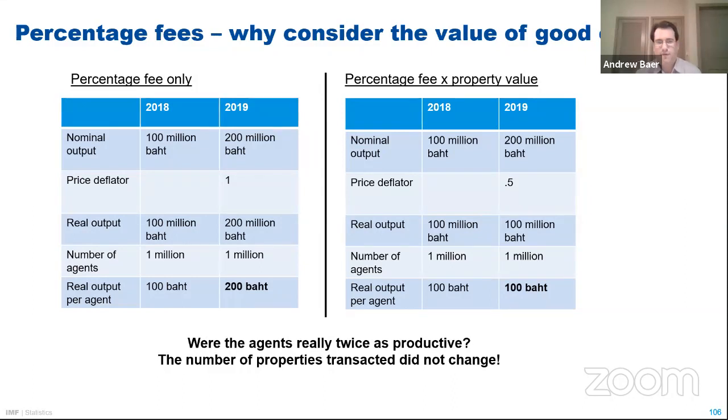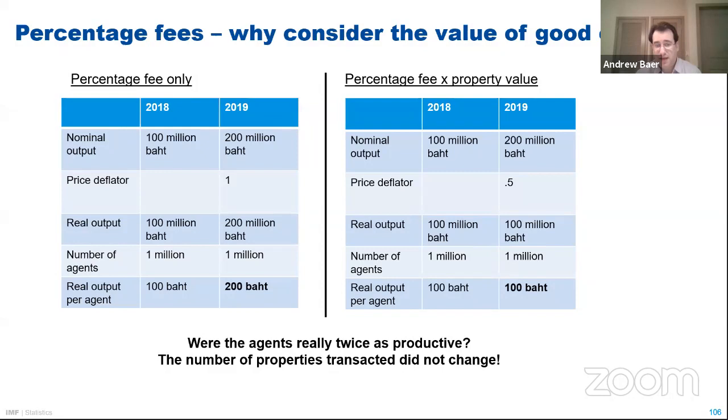If we were to look at percentage fees only, our price deflator would be 1, right? There'd be no change in the price index, but nominal output would double. That means that real output would then double, because you take nominal output, divide it by your deflator to get real output.